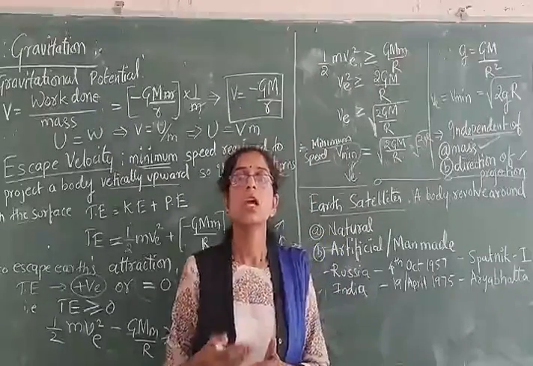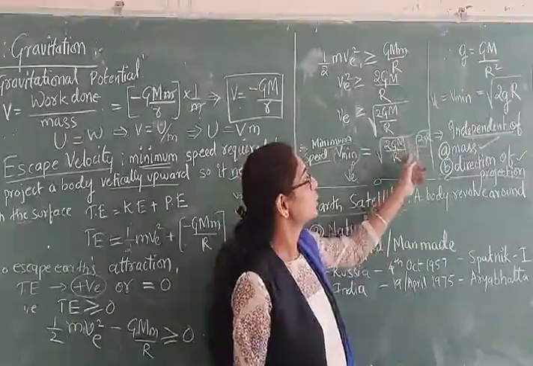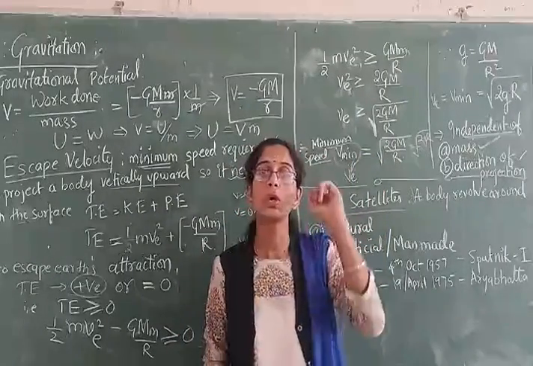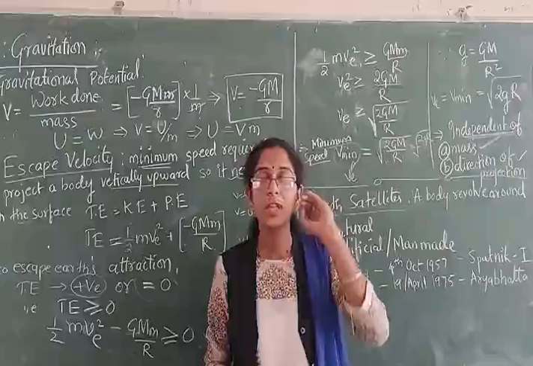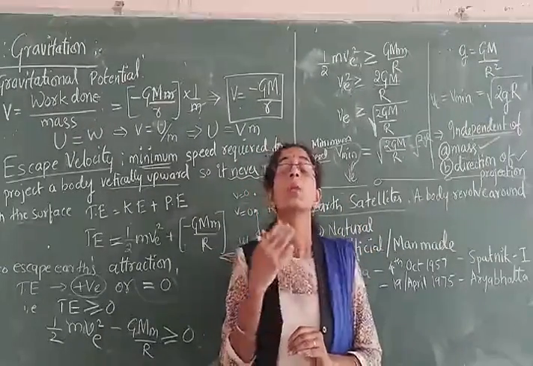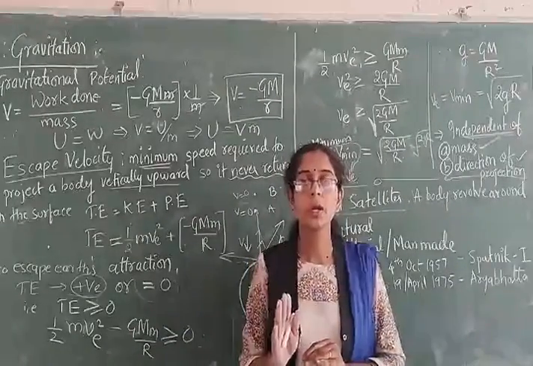So for Earth, if I substitute everything here, I am getting the value as 11.2 km per second. Means if I throw the object above the Earth's surface with that velocity, it will go out of Earth's gravitational pull. The point clear?